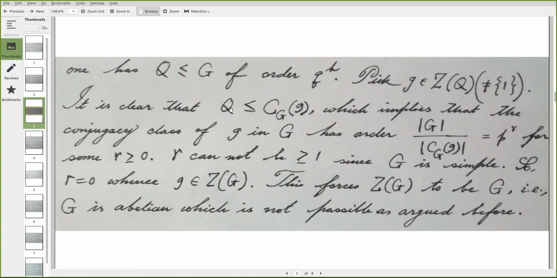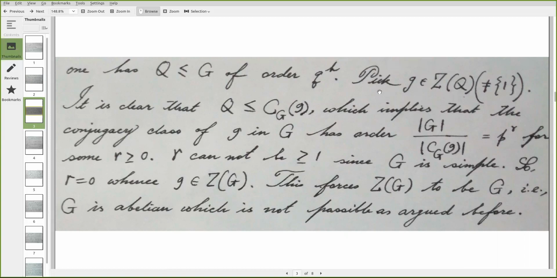Therefore, Q is contained in the centralizer of g in the group G. Just a minute, I think here you don't need to insist that g is not the identity. In fact, if g is the identity, that case will be covered later on.